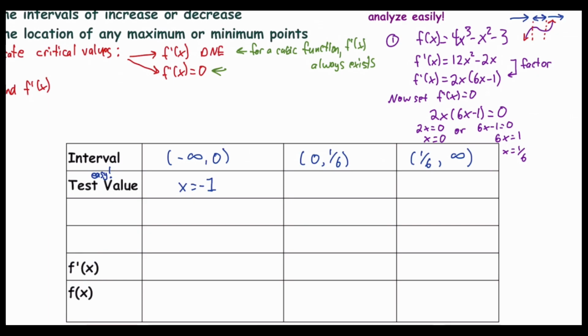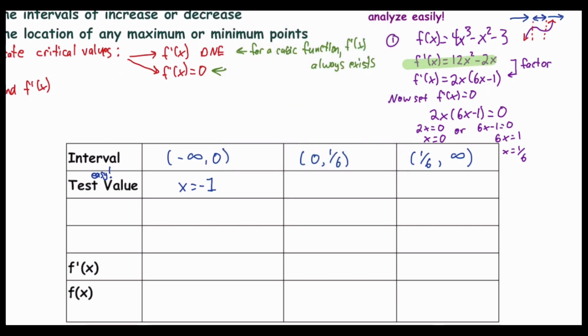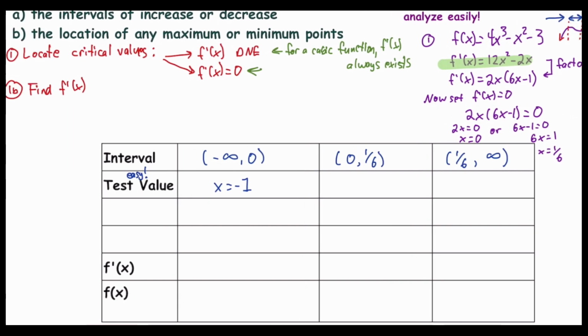My first derivative function, which is right here, I'm just going to rewrite off to the side, just so we remember what it looks like. F prime of x equals 12x squared minus 2x, or alternatively, I could write it as 2x times 6x minus 1. So I plug in my test value. I evaluate this function at negative 1.